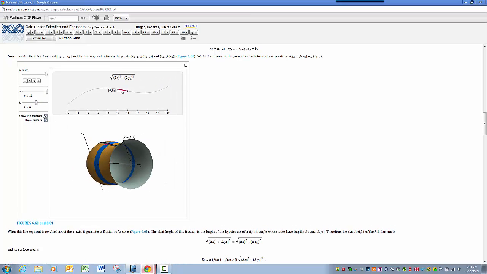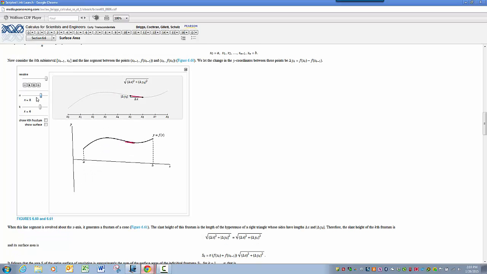So how are we going to do that? Again, I'm going to rotate that guy around, just like that. Now I need to come up with the formula for this surface area. Well, we already have a formula for the surface area.